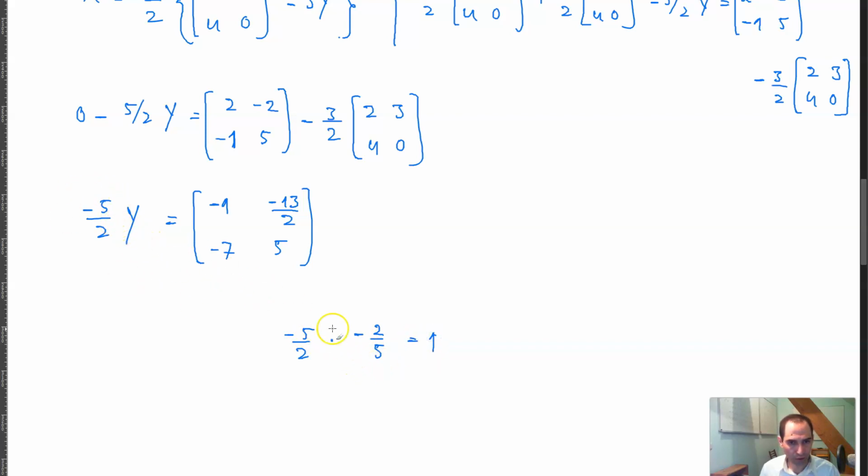So this times negative 2/5 would be 1, so I will get a y, and then negative 2/5 times this matrix, negative 1, negative 13 halves, negative 7, and 5.